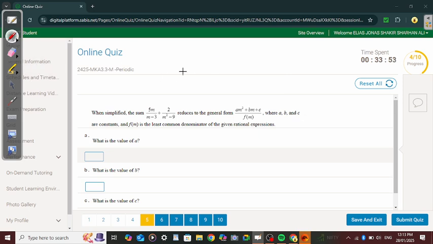So 5m multiplied by m plus 3, we distribute. 5m multiplied by m is going to be 5m squared. 5m multiplied by 3 is going to be 15m. So 5m squared plus 15m.